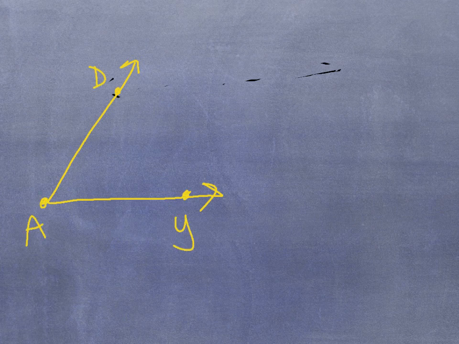Alright, when you name an angle, the proper notation is that you're going to use an angle sign. So it looks like a less than symbol. And then you want to name the letters in order. The vertex has to be in the middle.